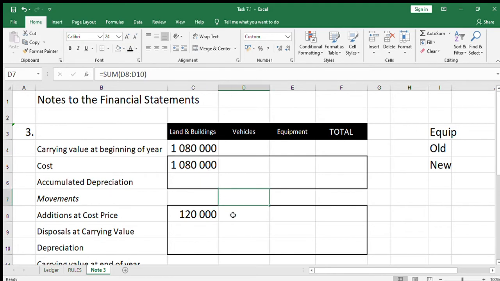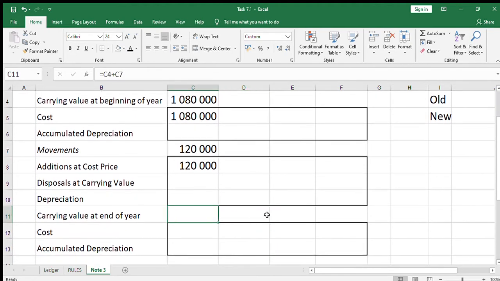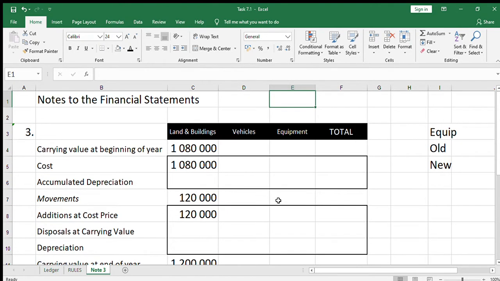So 1,080,000, the movements 120,000. And then the cost price at the end of the year will be 1,080,000 plus 120,000. That will give us the carrying value at the end of the year, 1.2 million. So land and buildings is done. Not much to it.